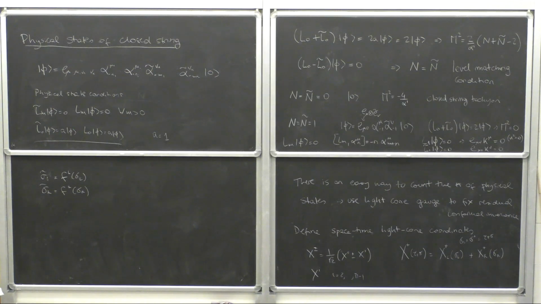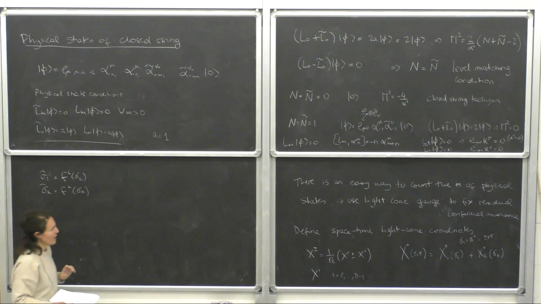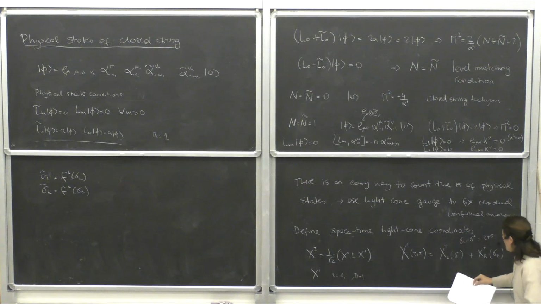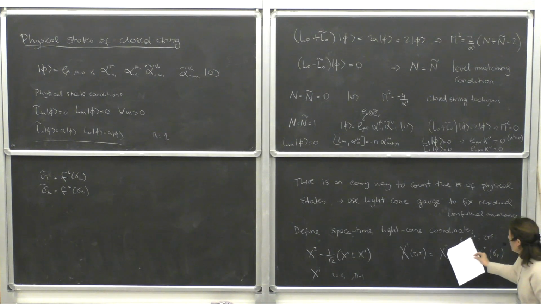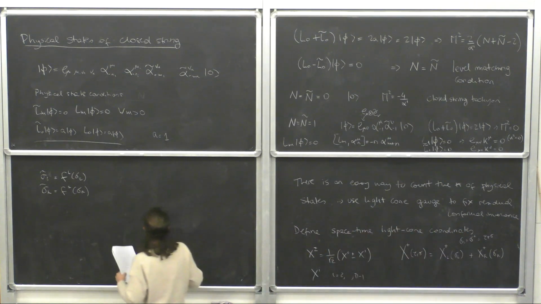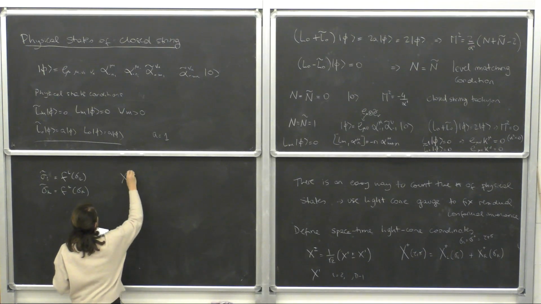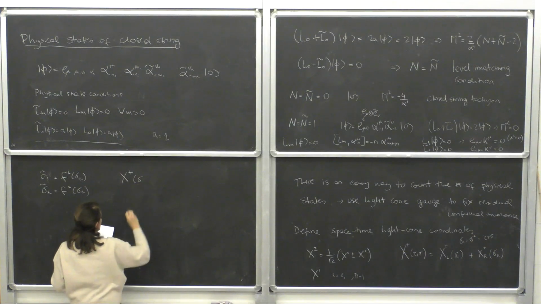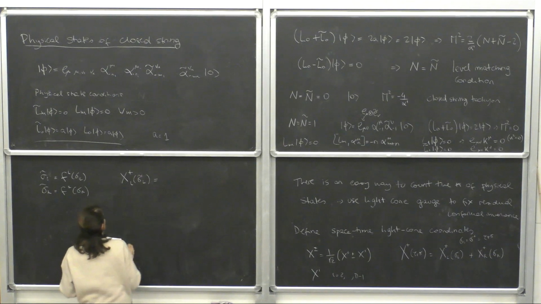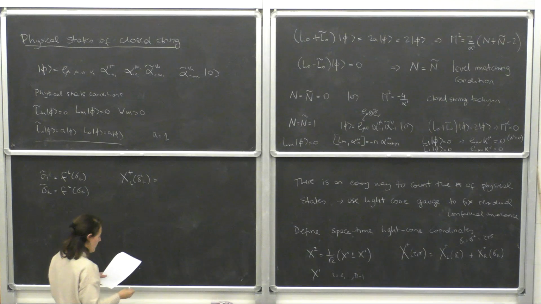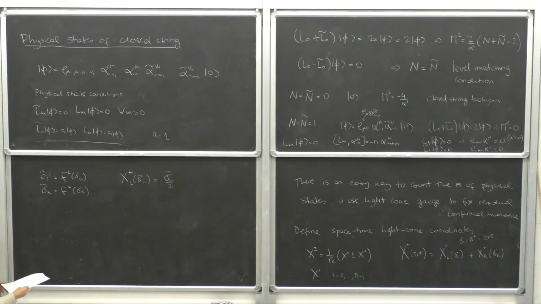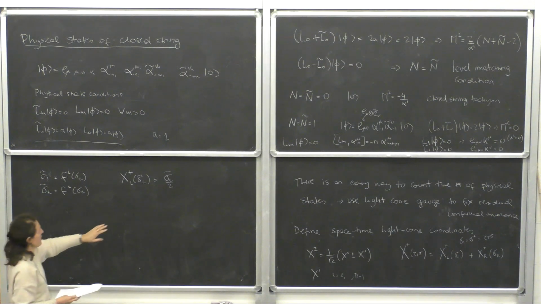I'm going to do some horrible thing such that at the end of the day, this function, which has the center of mass momentum, the center of mass position, and the oscillators along alpha plus, goes as follows. I do a horrible conformal transformation such that x plus left, in terms of sigma tilde left, is just sigma tilde left.